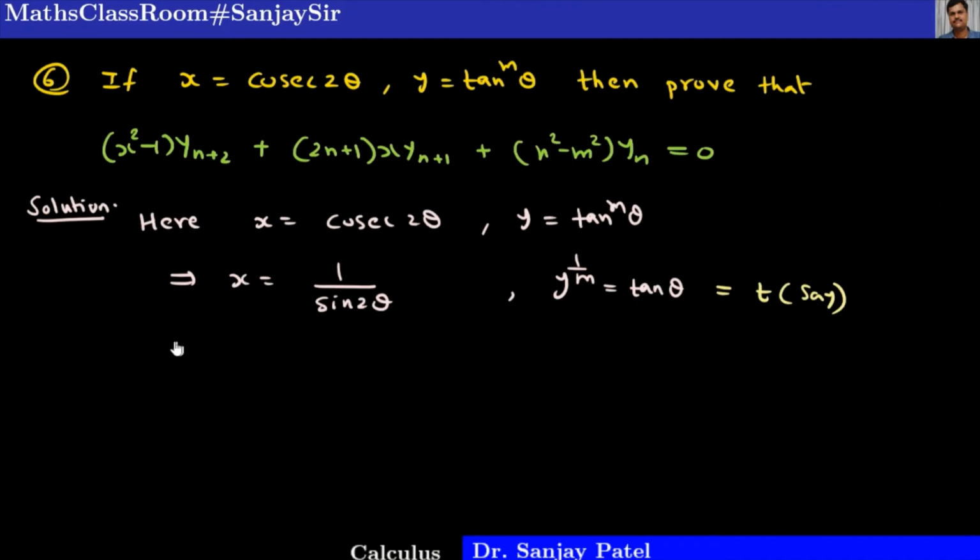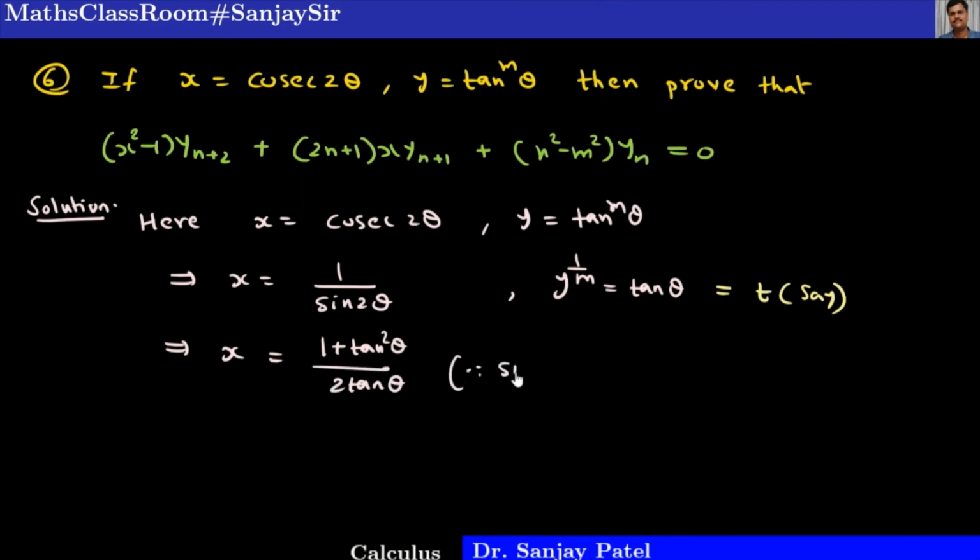Now for x is equal to 1 upon sine 2 theta, I will use the formula of sine 2 theta in terms of tan theta. All you know is sine 2 theta is 2 tan theta upon 1 plus tan square theta. So I can write this as 1 plus tan square theta upon 2 into tan theta.